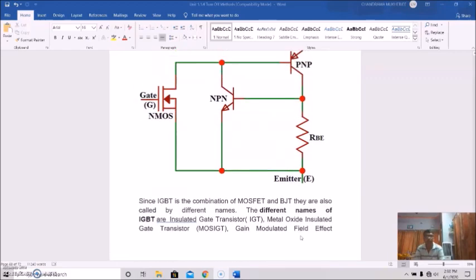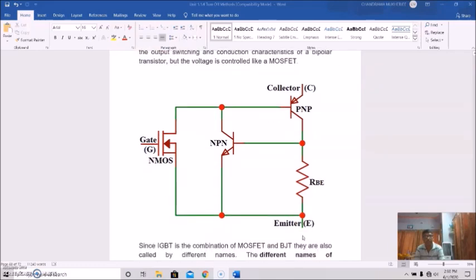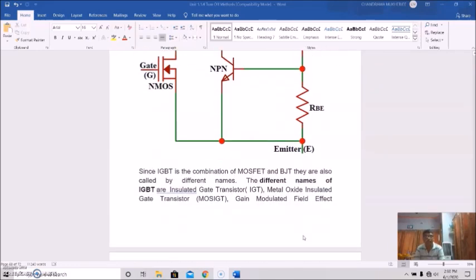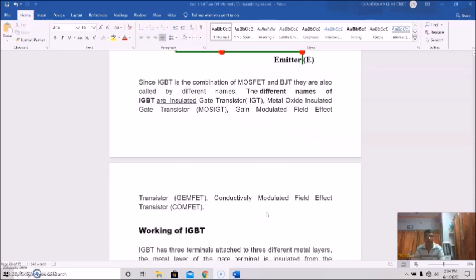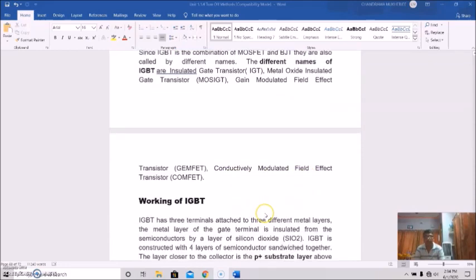So these are the different names of IGBT available in the market.